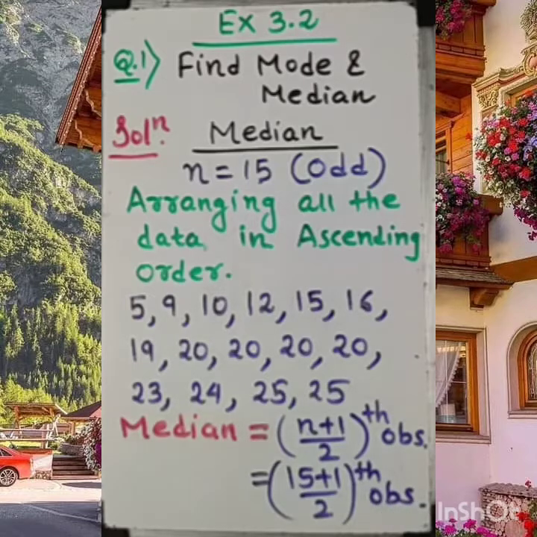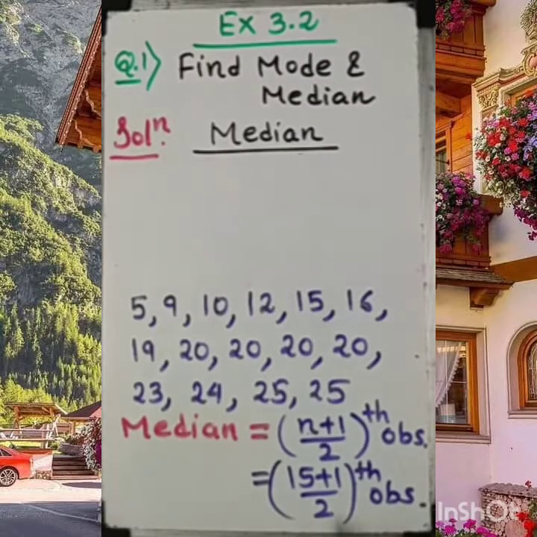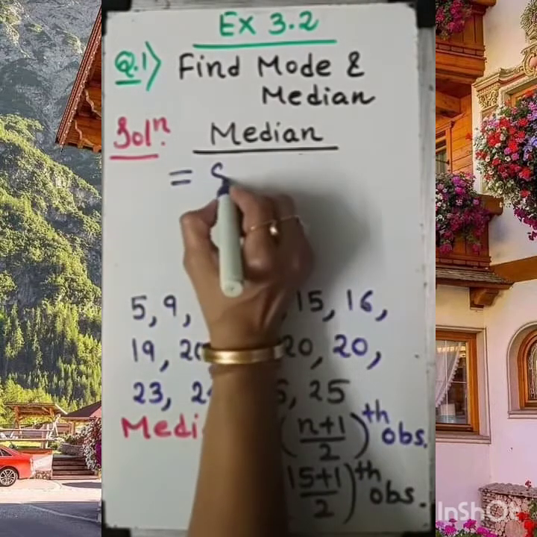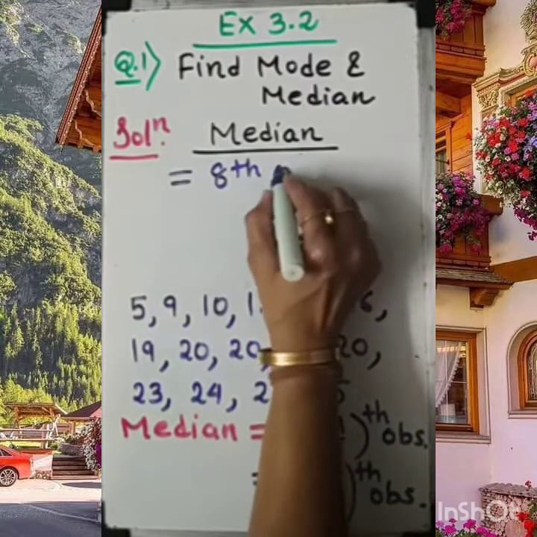Now, you know very well 15 plus 1 is 16, and 16 divided by 2 gives the result 8th observation. So according to this, it must be 8th observation.